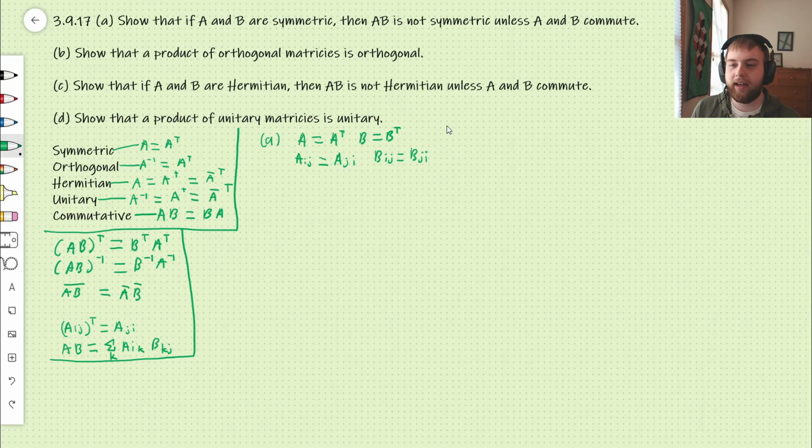Okay, and what we want to show is, just to make it clear, this is not what we have proven yet, that if, actually if and only if, but that's beside the point, if AB equals BA from the definition of commutative, then for these matrices, AB element ij is equal to the jith element of AB, using the same definitions as before.